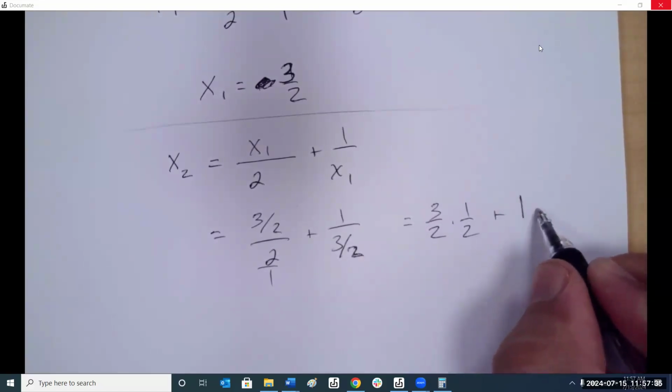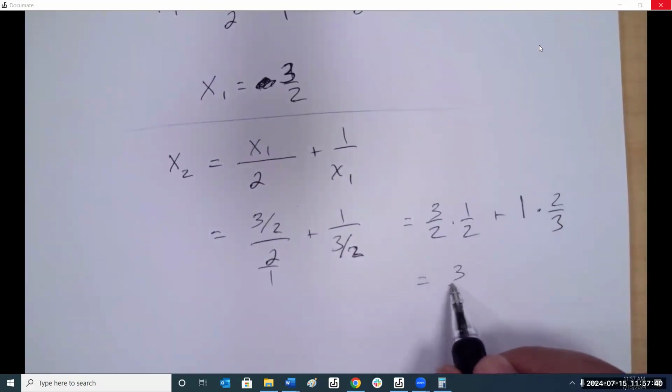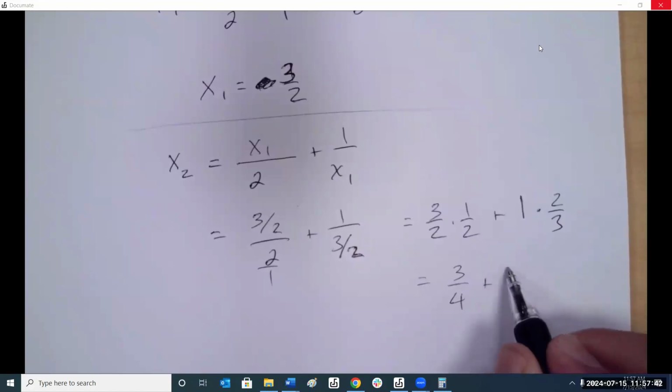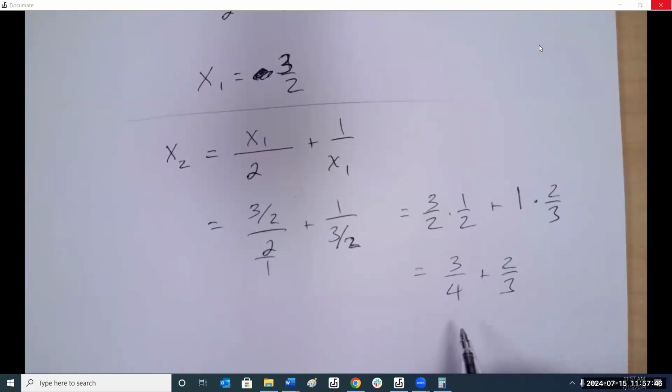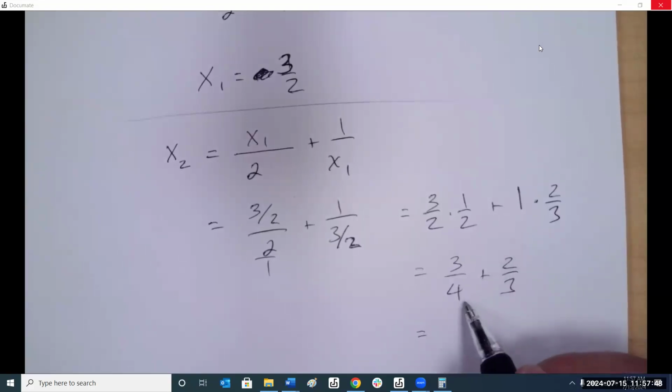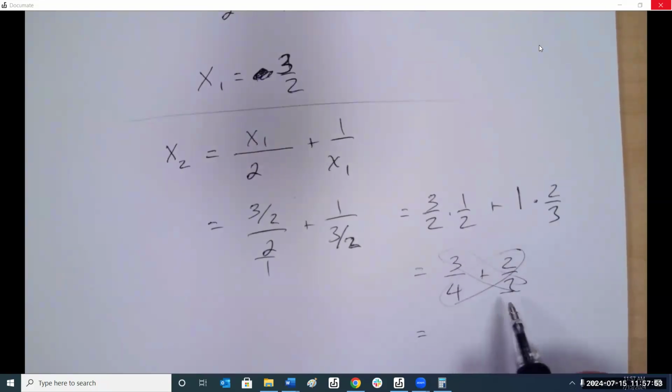Take the top, flip the bottom. 3 over 4 plus 2 over 3. So we have 9, 8. So we have 17 over 12.